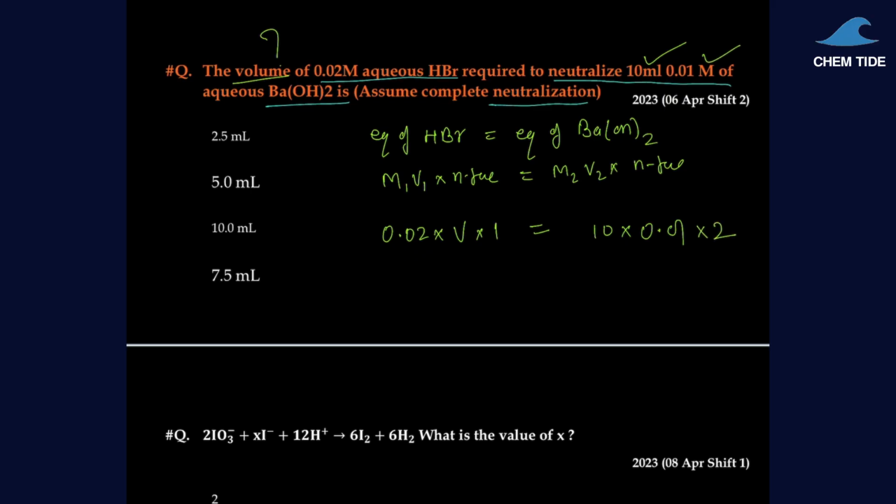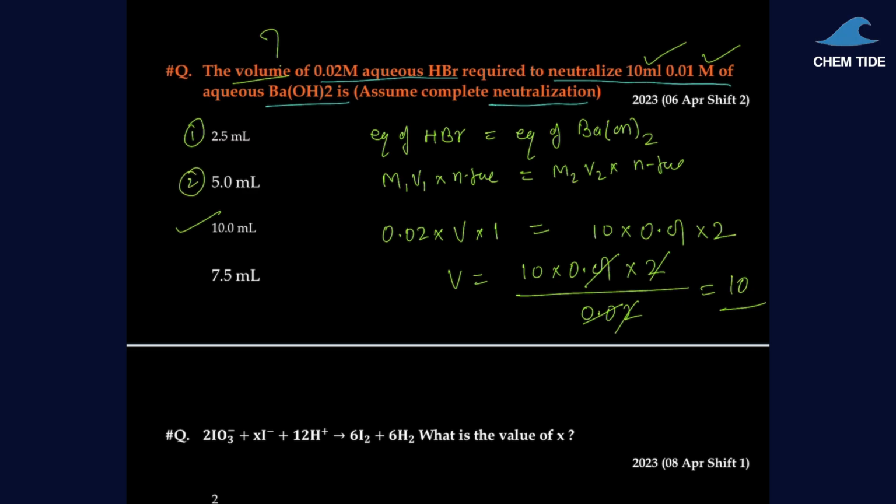So volume you will get here 10 into 0.01 into 2 divide by 0.02. So the decimal is getting cancelled, 2 se 2 cancel and answer would be 10. So the 10 ml should be the right answer. This is first option, second option, third option, and this is fourth option. Your answer should be 10 ml.